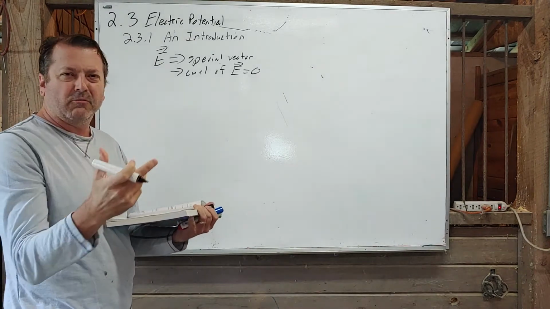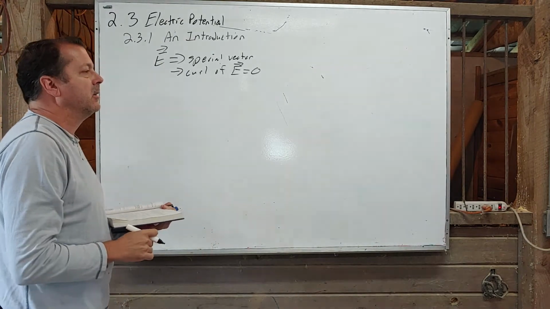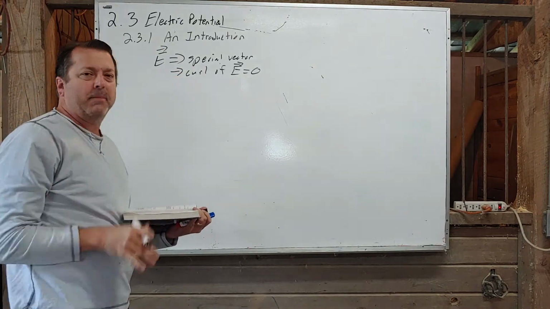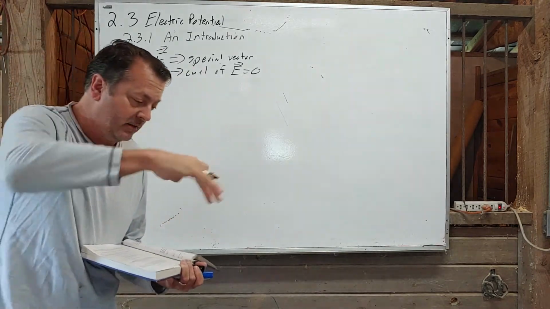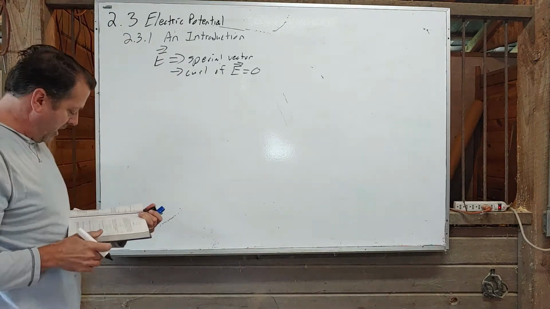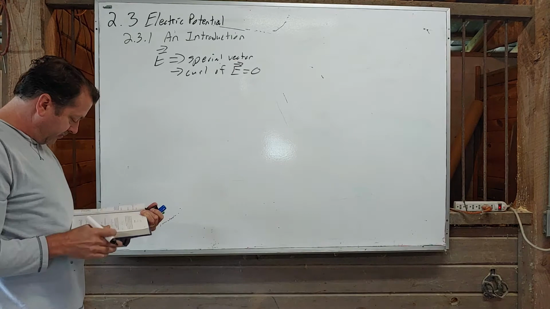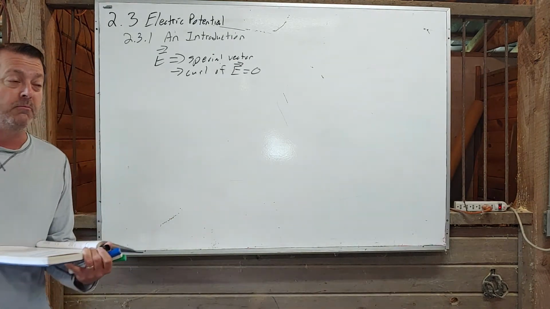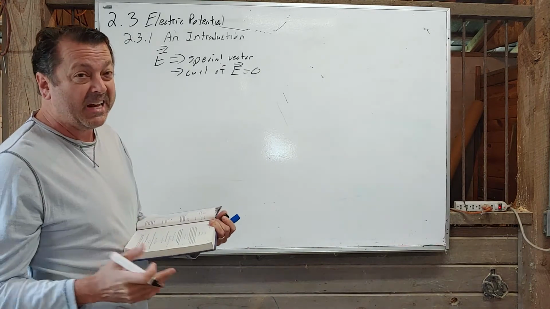And that means it doesn't rotate. It doesn't have a circulation about it. So electric fields don't circulate around themselves and cause drains like going down to the bottom of the sea. They don't tend to do that. This is for an electrostatic field, where you have static charges.